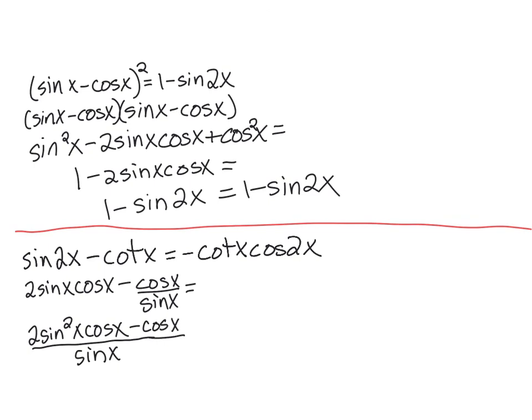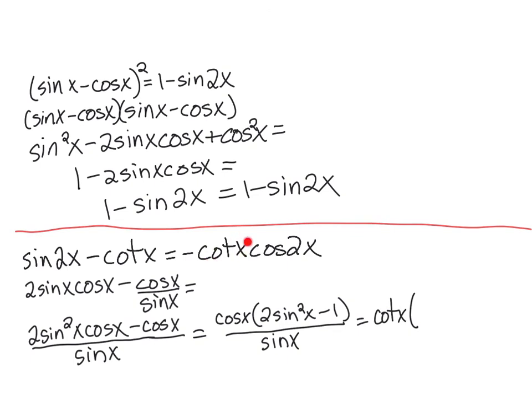Notice that I can factor out a cosine on the top, just to see what happens. 2 sine squared minus 1. Does that look familiar? Over sine x. Well, cosine over sine gives me a cotangent, so that part's done.